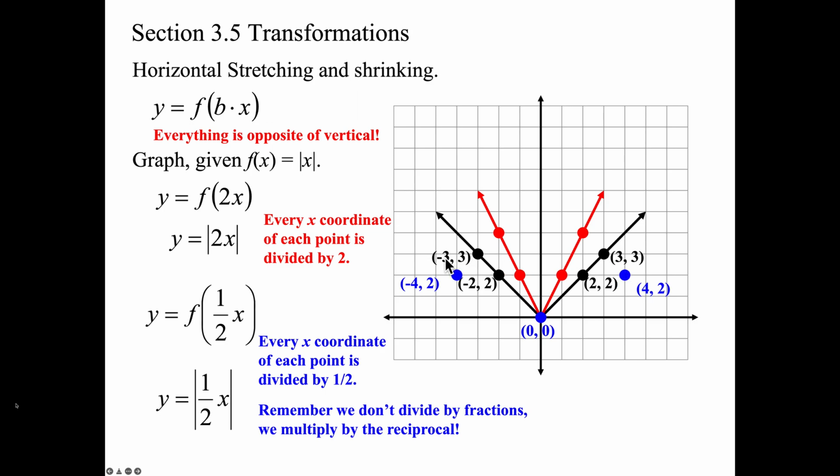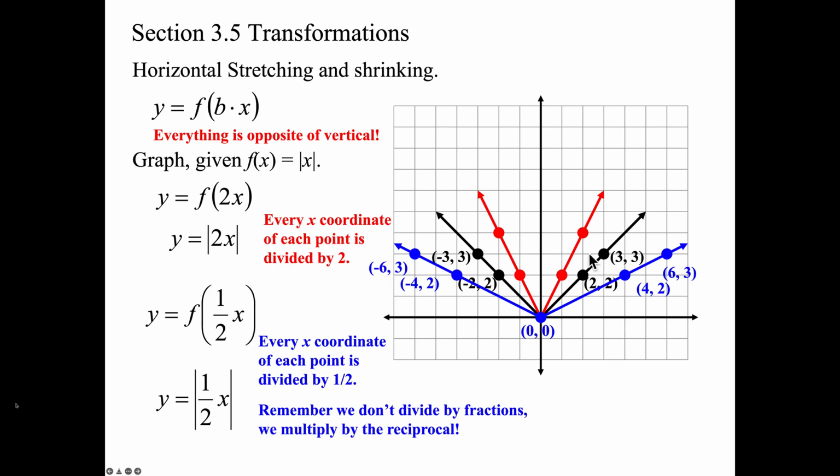This point at negative 3, 3. Take the negative 3, multiply it by 2, because we're, again, dividing by a half. Better to multiply by its reciprocal. That's going to move me out to negative 6, 3. And same with that positive 3 for this x coordinate. 3 times 2 is 6.